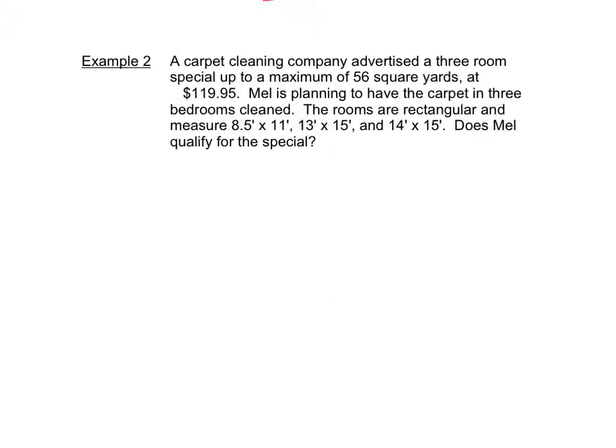So in order to do that, let's figure out what the total area of these rooms would be. We'll start by finding the area in square feet, since the dimensions are given in square feet. So we've got 3 rooms here. One room is 8.5 by 11 feet. The second room is 13 by 15.